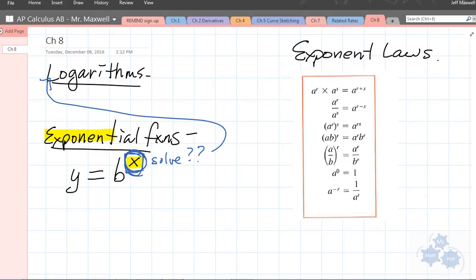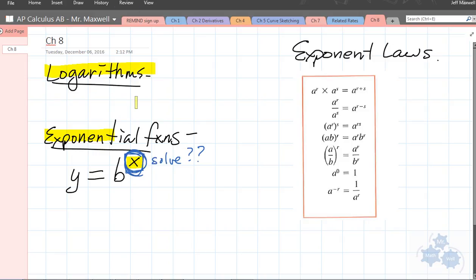And I don't know if you guys remember this, but the logarithmic statement and the exponential statement are related. And so this is how they're related. See if you remember this. Okay? So the log of y, base b, equals x.